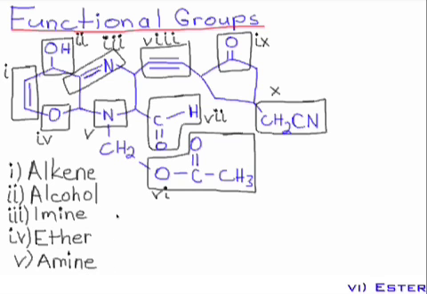Number 6 is a C double bond O with an oxygen in it. Now, C double bond O that is directly attached to an OH is a carboxylic acid. But if the oxygen attached to C double bond O is hooked up to a carbon, and we see it's hooked up to this CH2 here, then it is referred to as an ester.